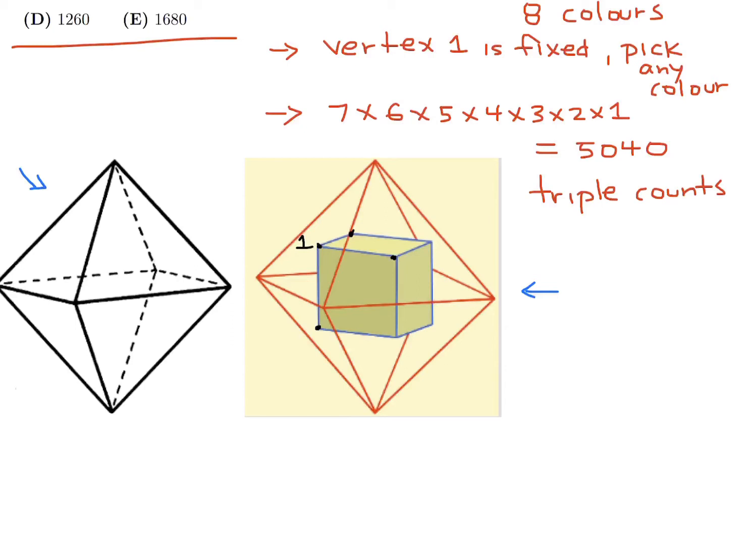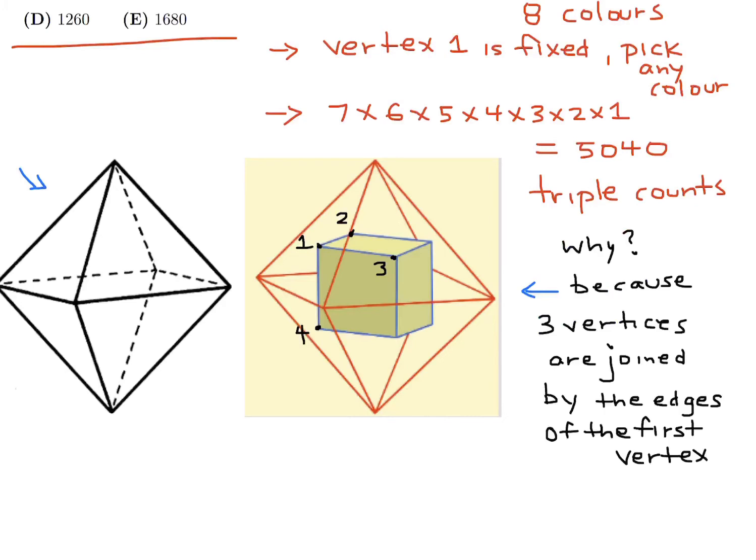So let's label them. Let's say this is 2, and this is 3, and this is 4. Those 3 vertices can be rotated, and once they are rotated, they result in the exact same orientation or situation.